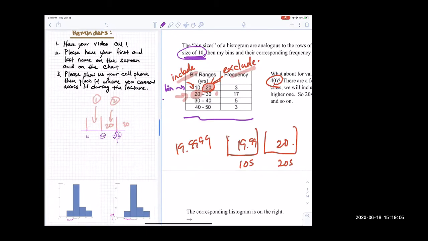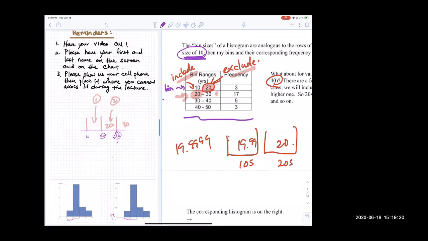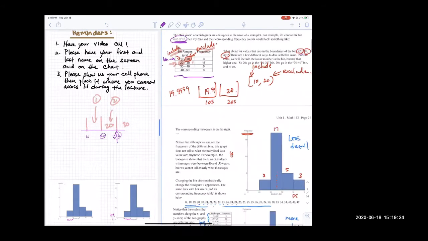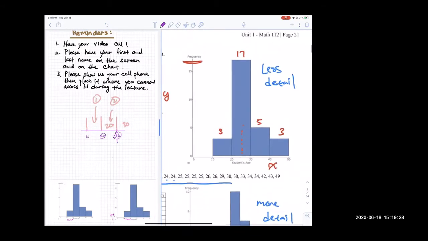A histogram is kind of like an art form. The bigger the bin width you make it, the less the detail. The smaller the bin width, the finer and more detail. This is a histogram for a bin width of size 10.